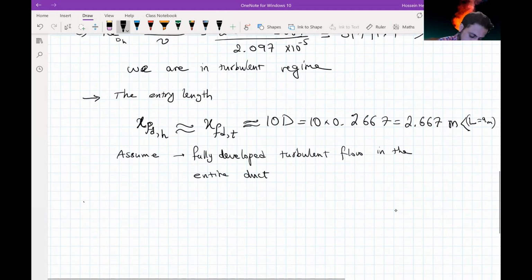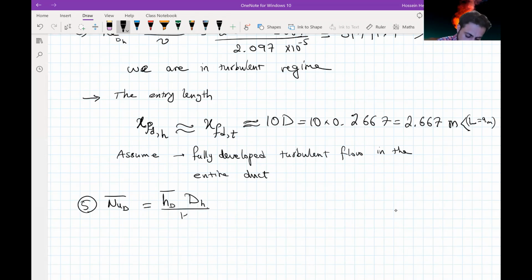So the next step, I can evaluate the Nusselt number for turbulent flow in a non-circular pipe, but the equation is the same: Nu equals h D_H over k equals 0.023 Reynolds number to the power of 0.8, Prandtl to the power of 0.3.